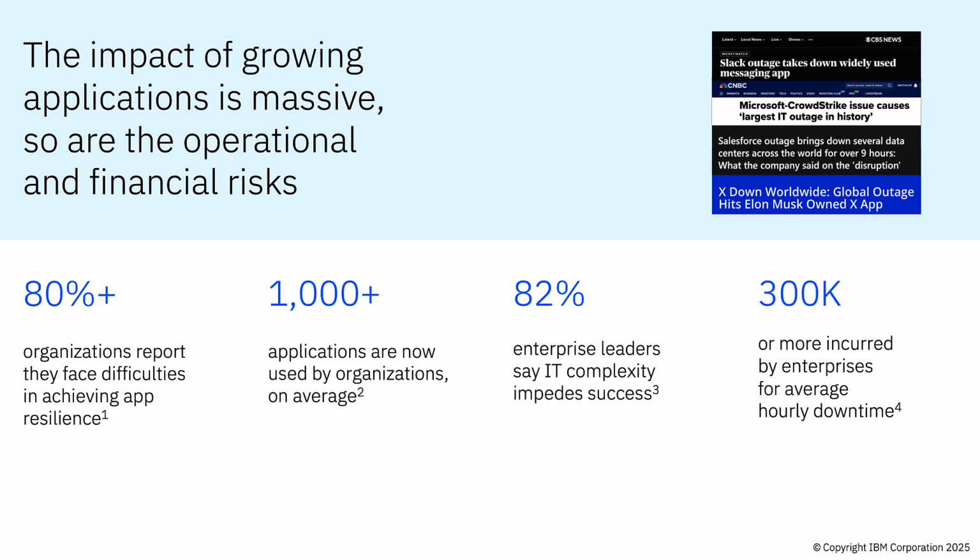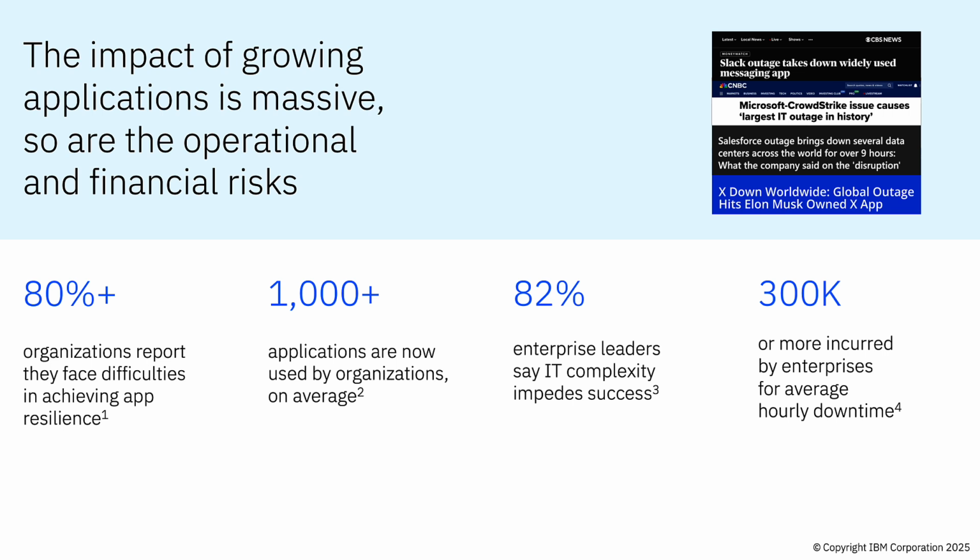Modern applications are incredibly complex, often built with intricate dependencies across hybrid and multi-cloud environments. It's no surprise that 82% of enterprise leaders say that complexity is holding back the success of their platforms. And the cost of downtime? It's huge, impacting not just your reputation, but also user trust and revenue.